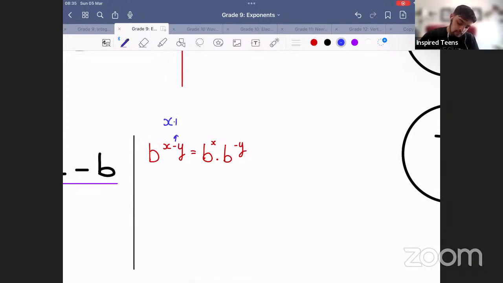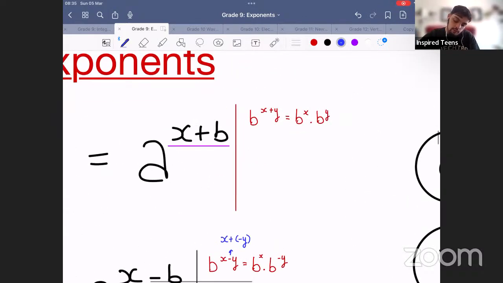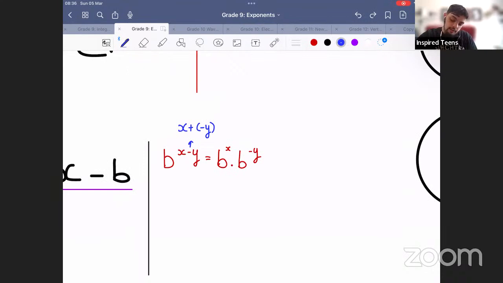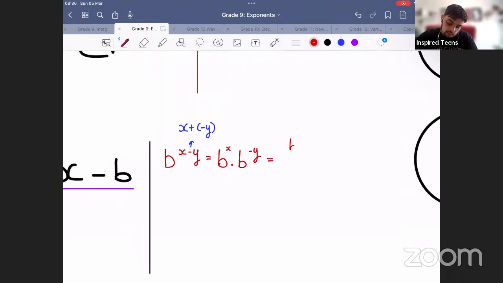It's like saying x plus negative y. If it was plus, remember I can split it into the same bases and multiply. Alternatively, it could also be written as b to the x over b to the y, just like the rule. But this middle one is equally as important to know.